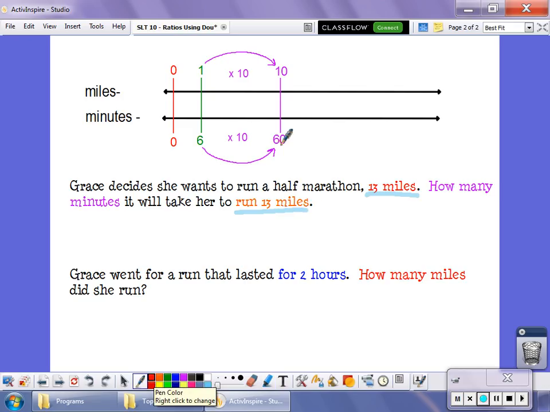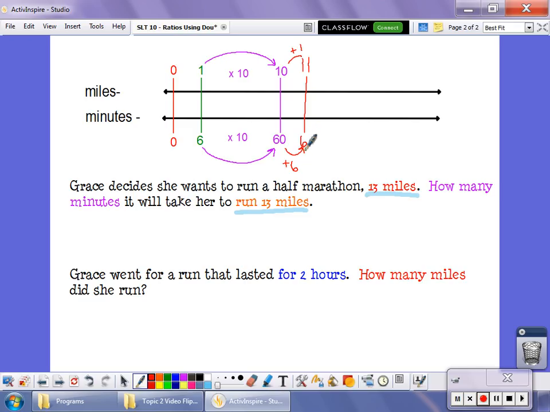So we can figure out based on this 10 miles in 60 minutes. We can continue on. She ran 11 miles. We know that for every 1 mile we add, it's going to be 6 more minutes.